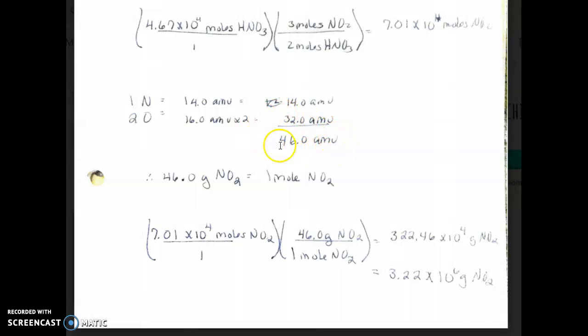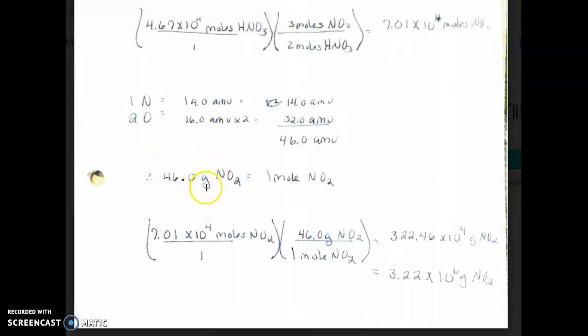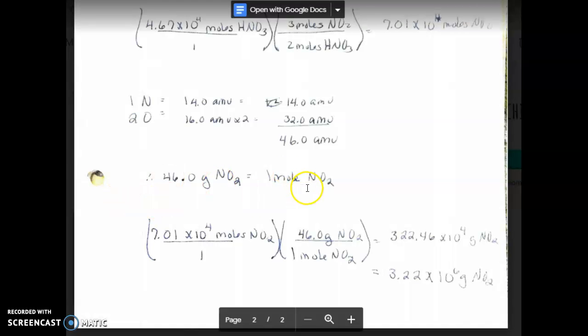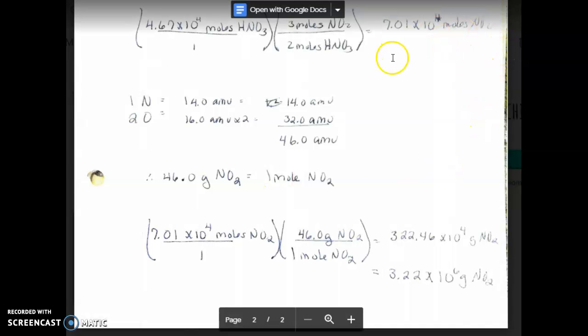What this number tells us is that if we were to take a bottle off the shelf, pour it out onto the balance, and weigh 46.0 grams of NO2, that sample will contain exactly 1 mole of NO2. So we go back to the number we just found, 7.01 times 10 to the 4 moles of NO2, and multiply it by this conversion factor to find how many grams of NO2 are in this sample.